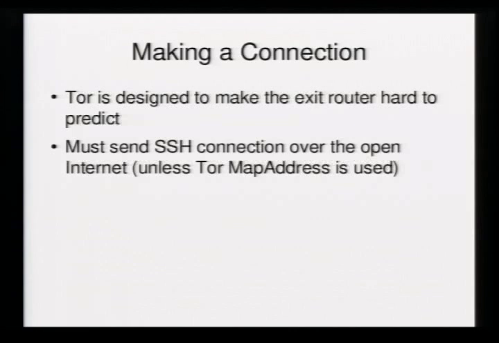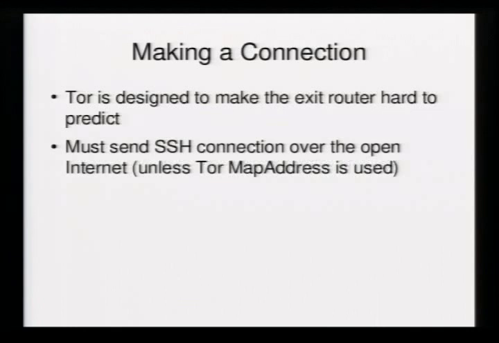Tor is designed to make the exit router hard to predict. So that has implications for how SPA is going to work. Normally, in many cases, people will use FWKNOP with the lowercase s argument, to say to the FWKNOP daemon: whatever IP address happened to communicate this SPA packet is going to be the one that I'm going to allow to connect through to SSH and the one that I'm going to reconfigure my netfilter policy for.